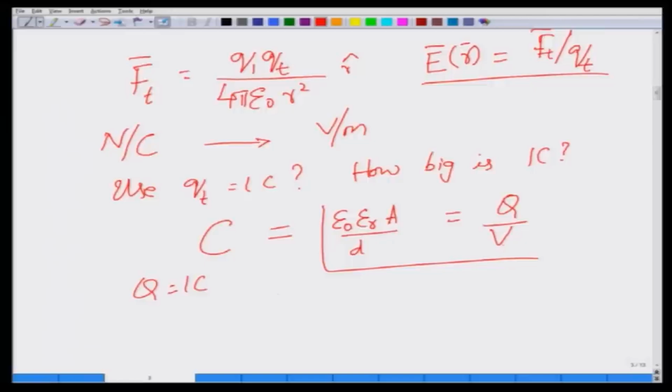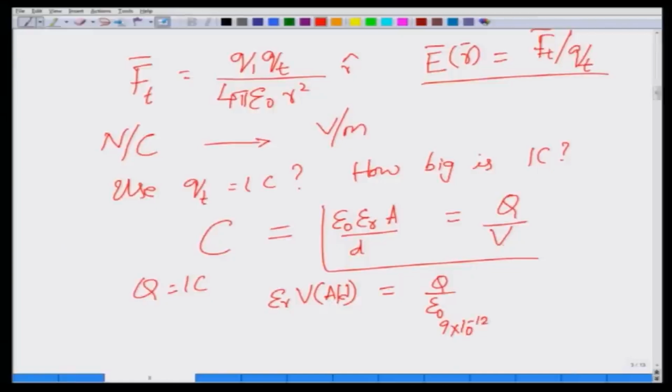So, I have epsilon r V A by d, and I am going to put A by d in brackets, because A by d is the area to separation ratio between the two plates, and that will be equal to Q by epsilon 0. Of course, Q is 1 coulomb, I have assumed that, and epsilon 0 is of the order of 9 into 10 to the power minus 12.